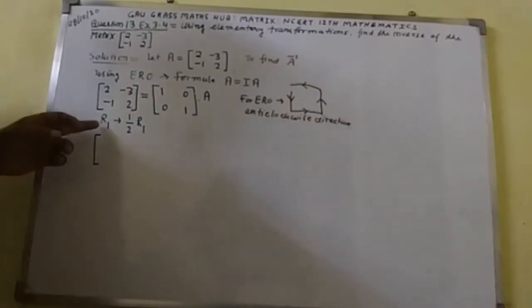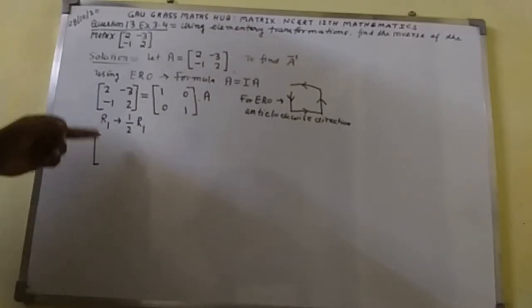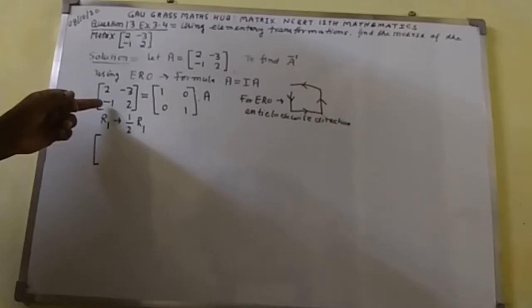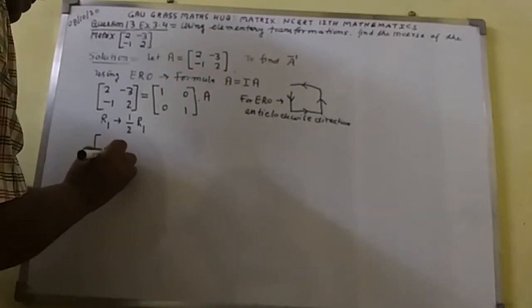Only changes will occur in the row R1. There will be no change in the elements of row R2. The elements of R2 will be written as it is.